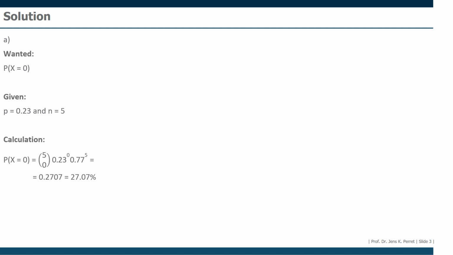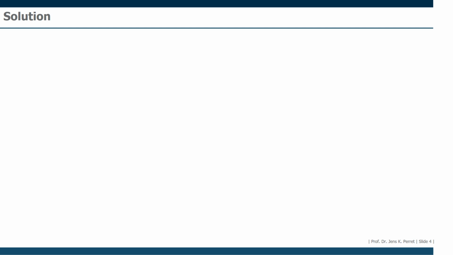Let's then directly go to part 2, to B. And in B, we want to have the probability that 4 or less are faulty. Well, in this case, we could do 2 things. We could calculate the probability of it being 0, 1, 2, 3, or 4.